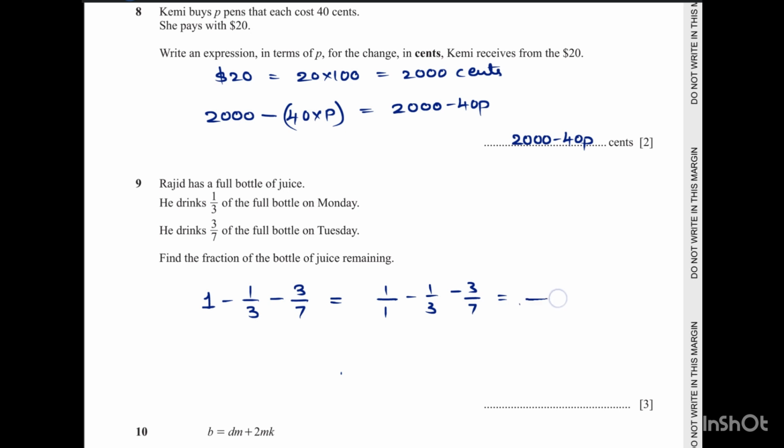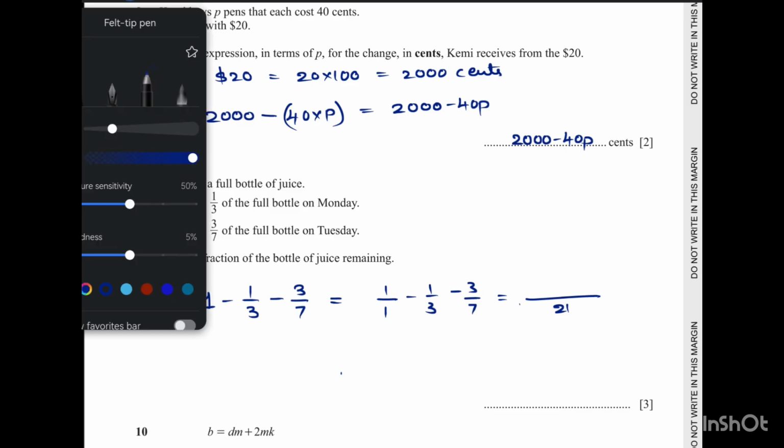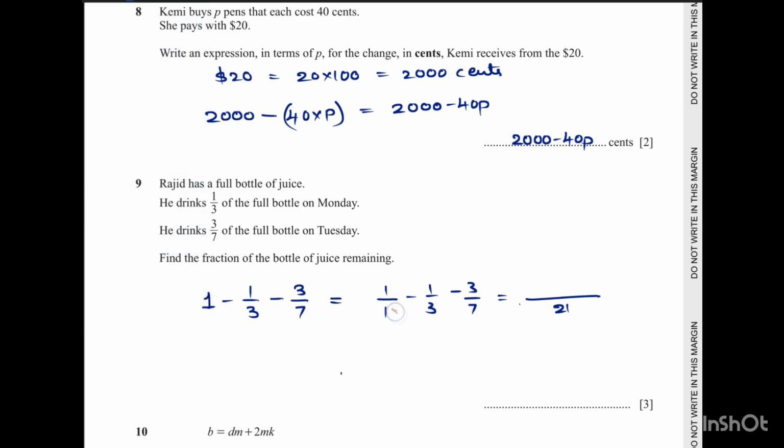The LCM of denominators is 21 because 3 and 7 do not have any common factor. So the product of these two denominators will be the LCM. Then for the first fraction, 1 into 21 is 21, so 1 into 21 should be done for the numerator also. Then 3 into 7 is 21, so 1 into 7 in numerator. 7 into 3 is 21, so 3 into 3 in numerator.